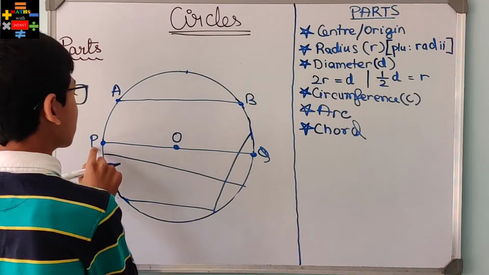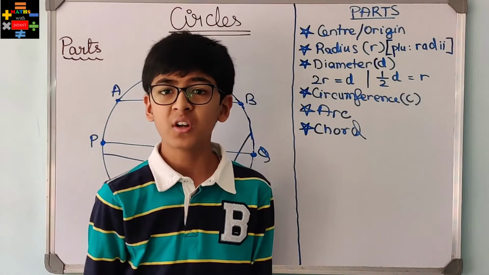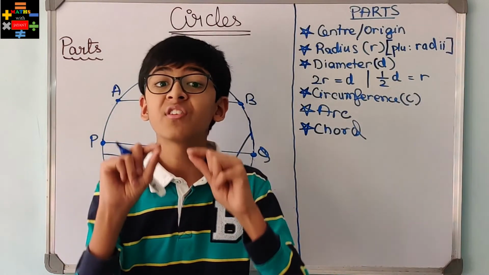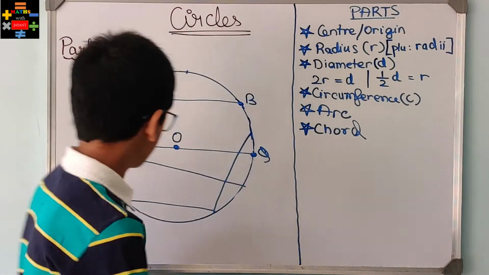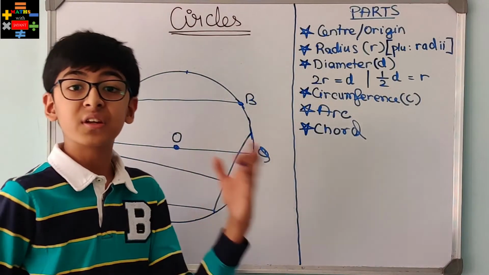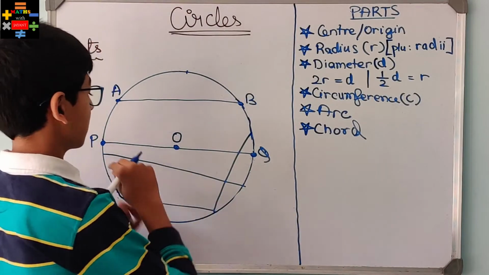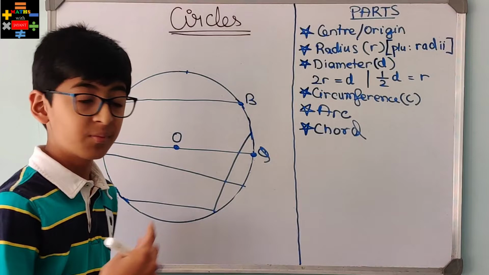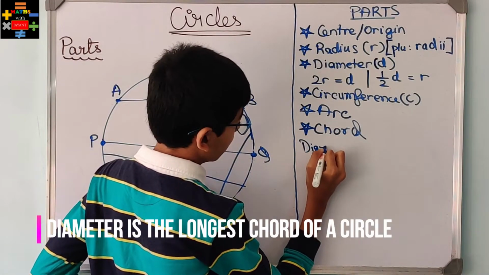Because a chord just needs to connect 2 points on the circle. Whether it passes through the center or not, it doesn't care. A chord is just any line that connects any 2 points on the circumference of the circle. So POQ, which is a diameter, is a chord as well. And a fact: the diameter of a circle is the longest chord of the circle.